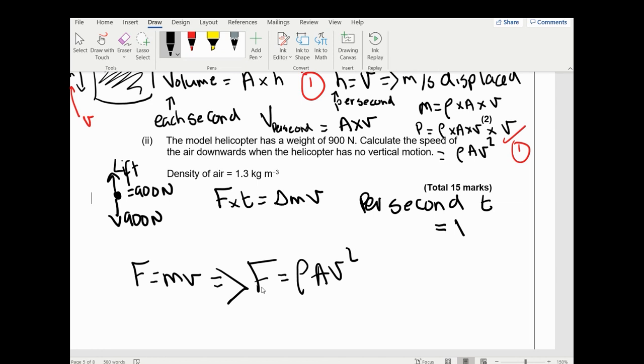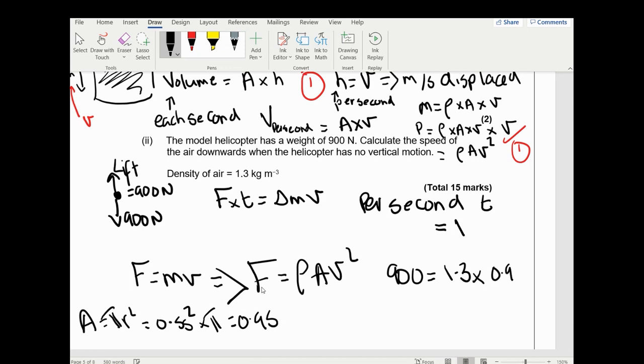So by the way, massive hint with the question before. So 900 equals 1.3 times by your area. So this is area that's swept up, by the way. So that's pi r squared. So 0.55 squared times by pi equals 0.95.